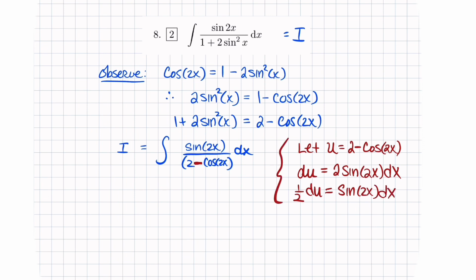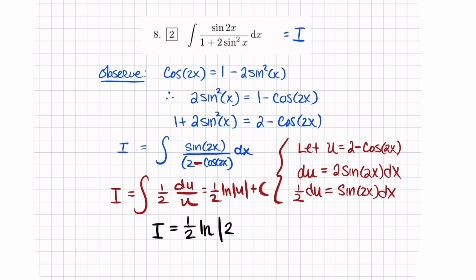And so now, substituting in with our u substitution, we get the integral of 1/2 of du over u, another natural log substitution. They must have really liked natural log problems this year. So the integral becomes 1/2 the natural log of 2 minus cosine 2x plus c. Integral number 8 defeated.